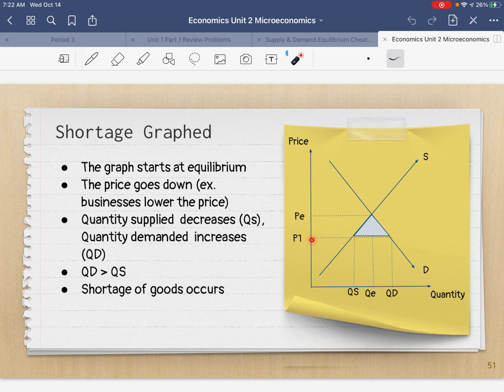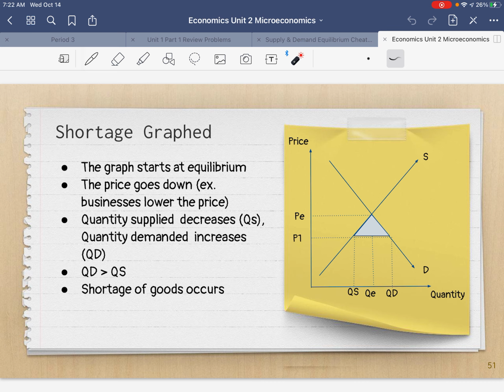And when we do that, what happens? The price no longer hits right here and comes down. The price hits the supply curve and comes down, and the price hits the demand curve and comes down. And we have a QS that's very easy to see because the price came over and hit this supply curve, and a QD that's very easy to see because the price came over and hit this demand curve that are different than the equilibrium should be. Okay, and if you can see, quantity demanded is further right on the curve than quantity supplied.